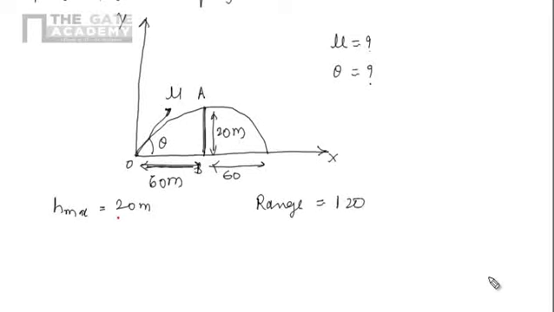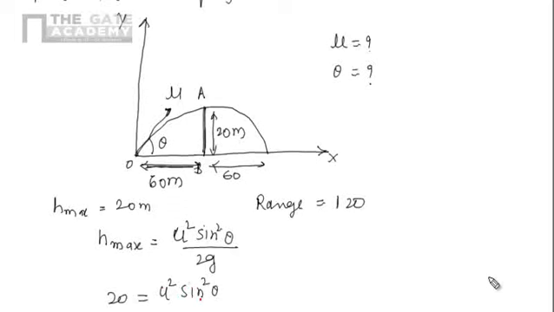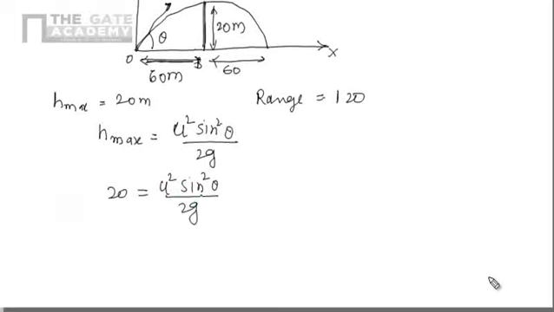So we can apply the formula for maximum height and range. So maximum height, we know, is nothing but u square sine square theta by 2g. So we have 20 equals u square sine square theta by 2g.